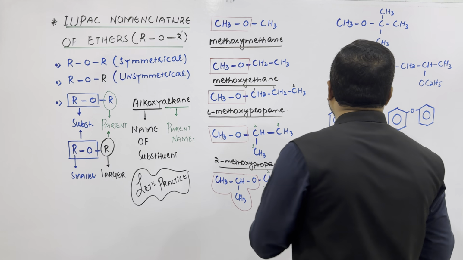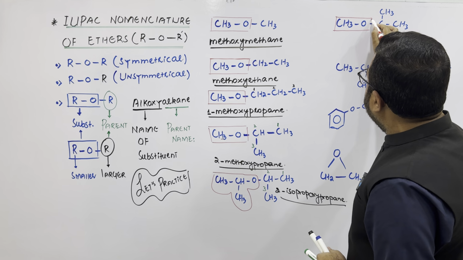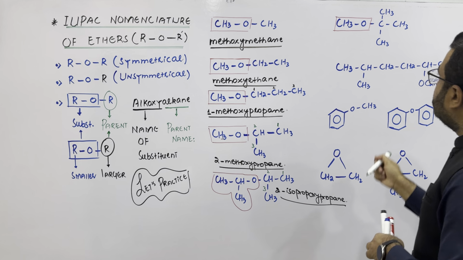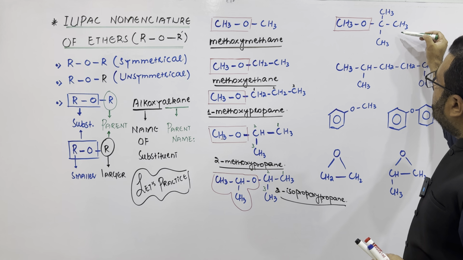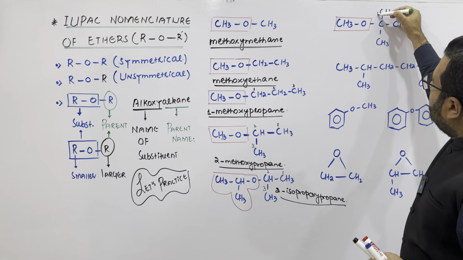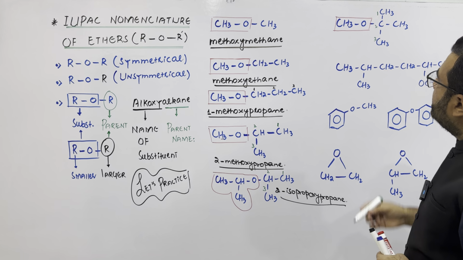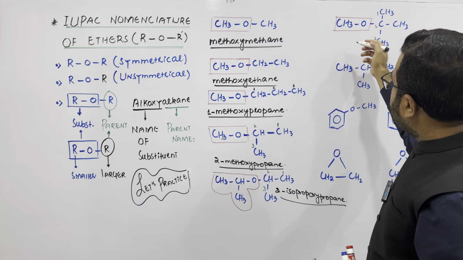Now, dear students, in this case, this one is the smaller alkyl group. It will serve as the substituent, that is methoxy. And now this one is the alkyl group having greater number of carbon atoms. It will serve as the parent. You can start numbering from 1 to 3, or even this can be the parent chain in this case. So you can see that with second carbon there is substituent.